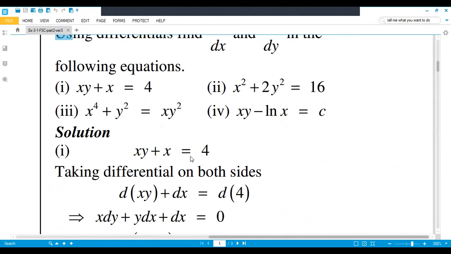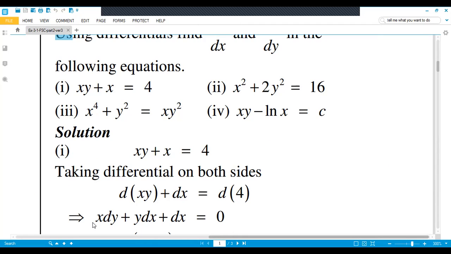First part is xy plus x equal to 4. Taking differential on both sides, so d of xy plus dx equal to differential of 4. In the same way, just like in the derivative, you use the product rule.